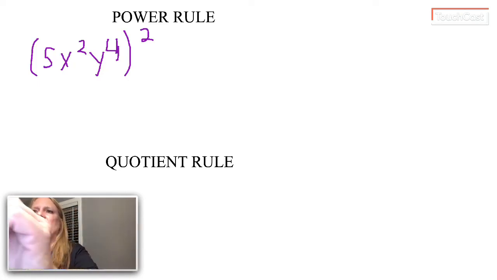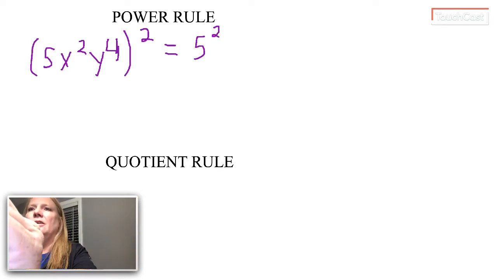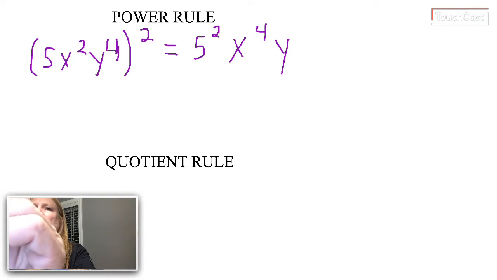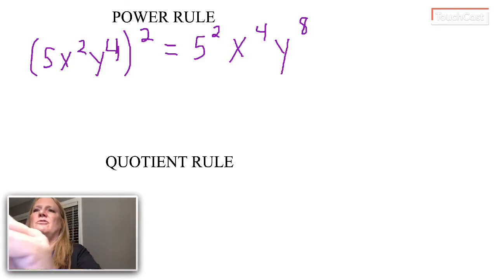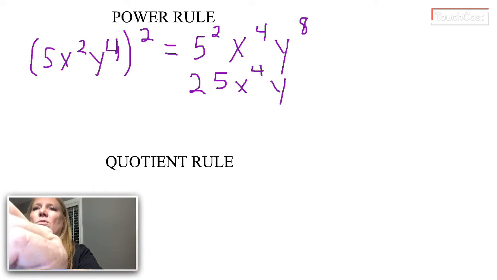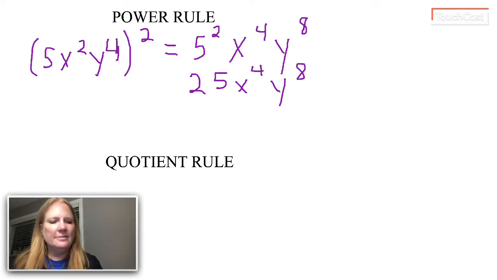The coefficient, so that would be 5 squared. It would be to the x, so that would be 2 times 2, which is 4. And then to the y, and that would be 4 times 2, which is 8. And then to write this in simplest terms, you do want to go ahead and square that 5. So 5 squared is 25. And we get 25x to the 4th, y to the 8th.